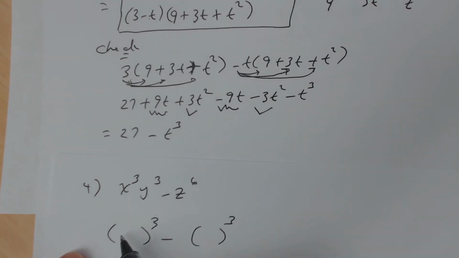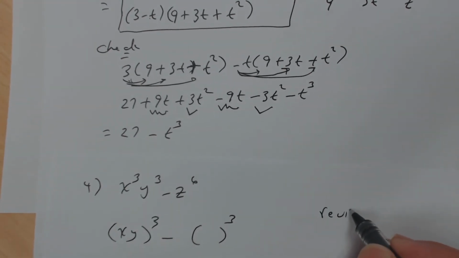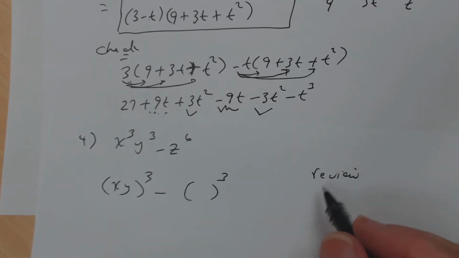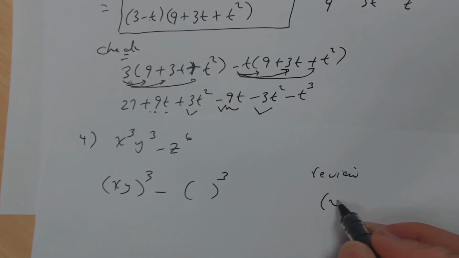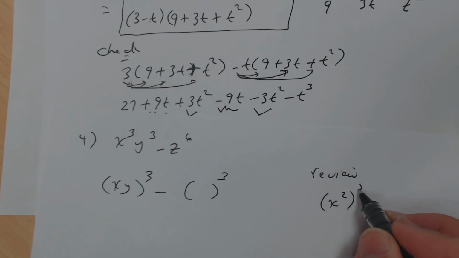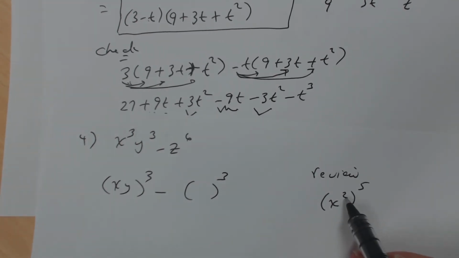All right, now this part's easy because xy times itself 3 times is x cubed y cubed. Now be careful here. You may need to review a couple of things from last semester. So remember last semester, if I have x squared raised to the 5th power, let's say.